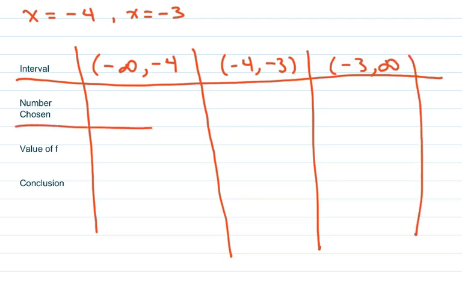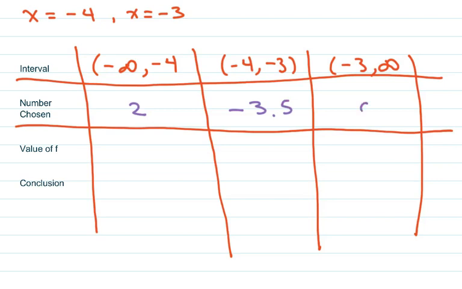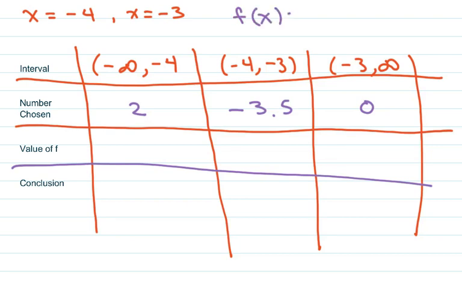Alright? I'm going to choose a number in these intervals. They can be any numbers. I'm going to choose negative 5, negative 3.5, and 0. I'm going to plug it in my f function. So my f is x squared plus 7x plus 12.